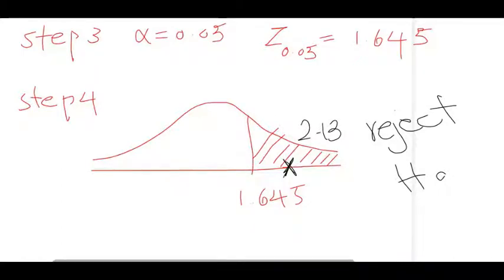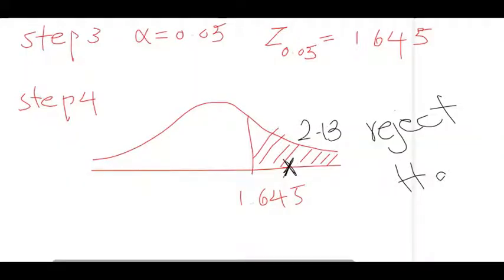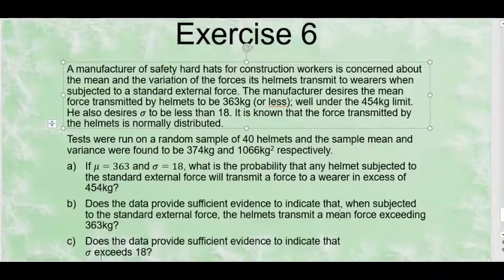And part C, does the data provide sufficient evidence to indicate that sigma exceeds 18? It means that in part C we have a hypothesis test for the population variance. So again we have the keyword exceed, so it means greater than 18.